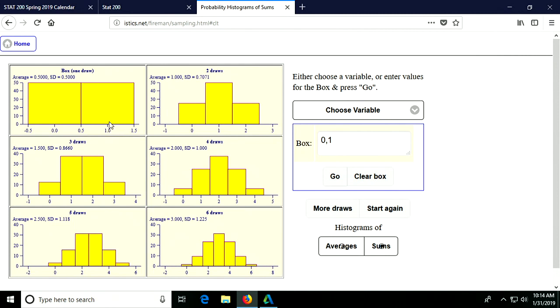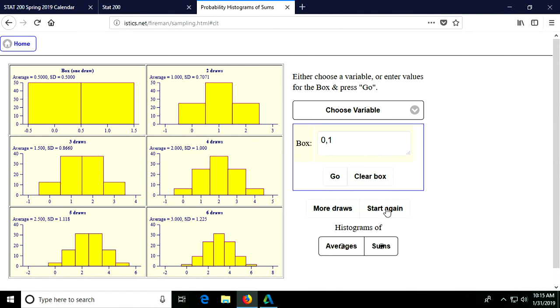And here, this is for 100 draws, so it's 50% chance of each. Okay? And now you can look at this, what it looked like for 2 draws with a 25%, 25%, and 50% chance. This is what it looked like for 3 draws, and this is what it looked like for 4 draws. Right?